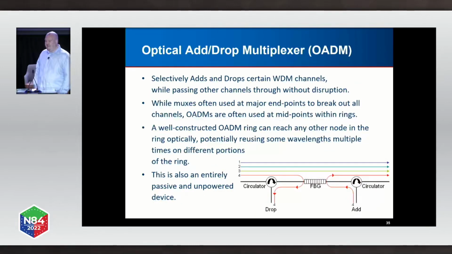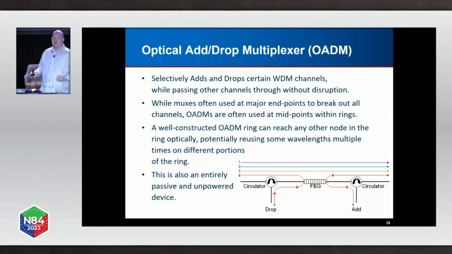Another kind of passive component that is really fundamental to a lot of things is what's called an OADM, an optical add-drop multiplexer. So what you're doing here is you're selectively adding or dropping certain channels without disturbing the other channels that are nearby. So muxes are what's your big endpoint. It's where you break out all of the channels.